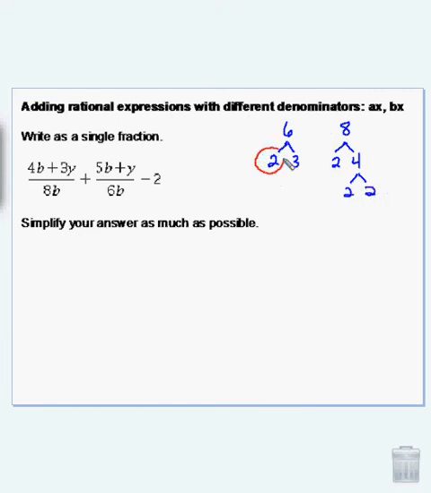I have one pair of 2's that match, so I'm going to cross one of those out. And I'm left with 3 times 2 times 2 times 2. 3 times 8, in other words. So 24. And then I have a b. So my common denominator is 24b.